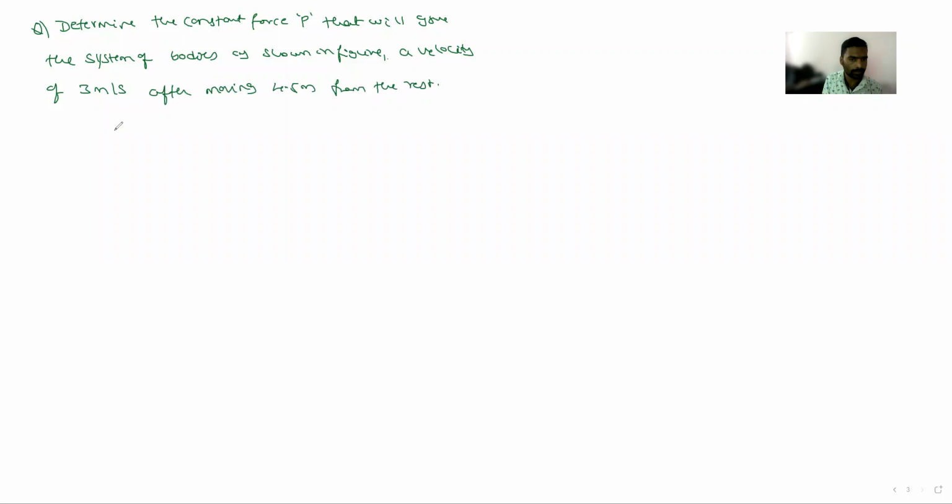Take mu equal to 0.3 and pulleys are smooth. Okay, so this is the problem given.